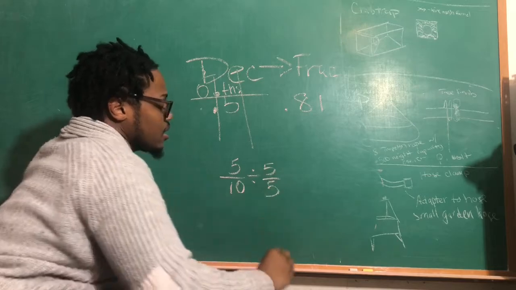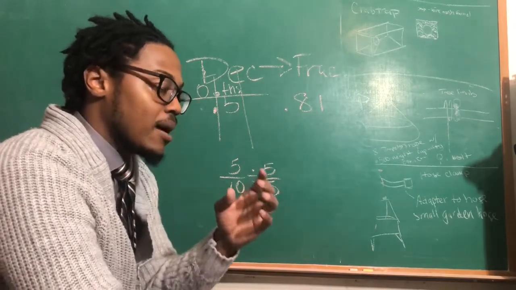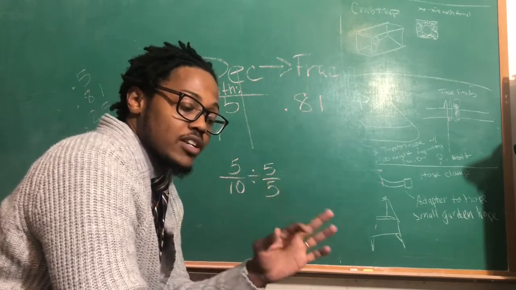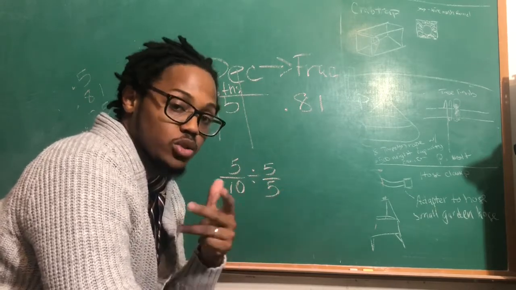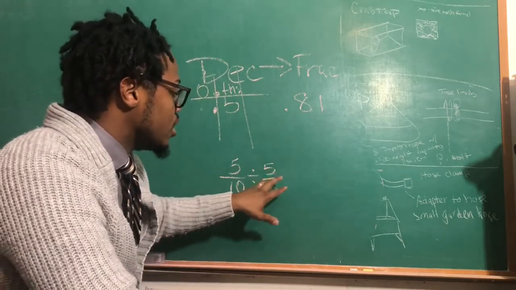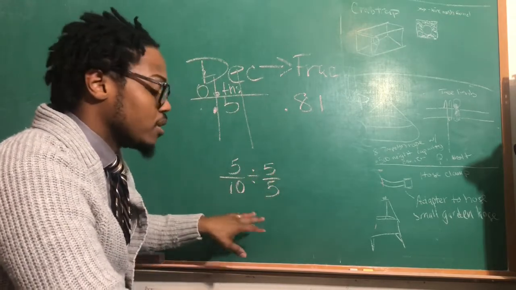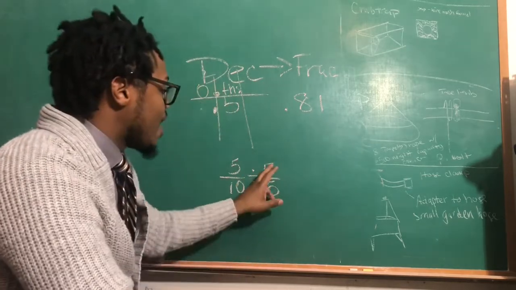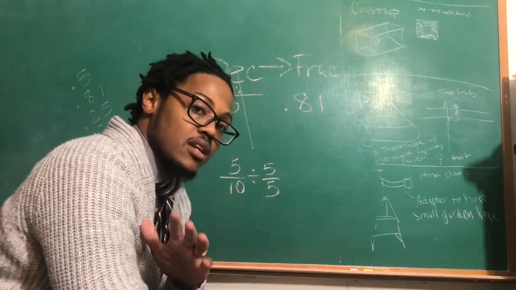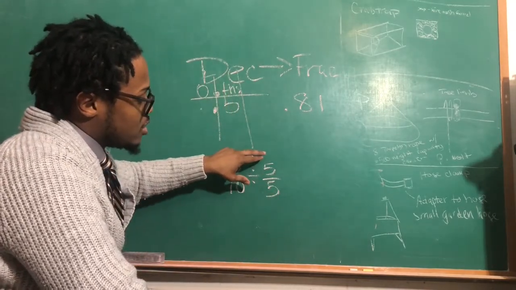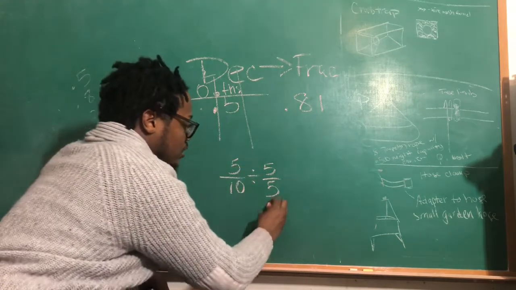Now, again, this isn't like pure division when you think about dividing fractions, right? You're in 5th grade, so you know when you divide a fraction, you keep, change, flip, and you multiply, right? It doesn't exactly work like that. When we're doing this, we're literally trying to simplify the number. I have another video where I talked a little bit about this, but basically 5/5 is the same thing as the number 1, right? Because if the denominator is the same as the numerator, the value is actually 1.